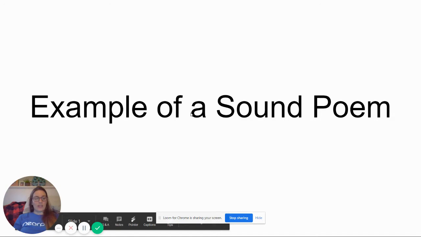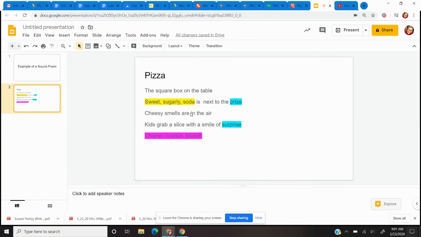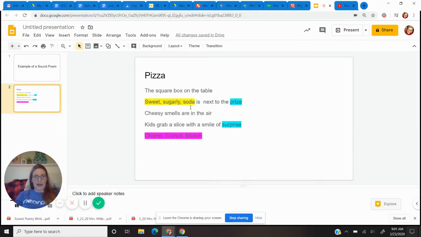This is actually only half of a poem because we will have to add some more pieces to this. So when we are looking at writing a poem, I usually like to start backwards. So let me show you that this is one stanza of my poem.